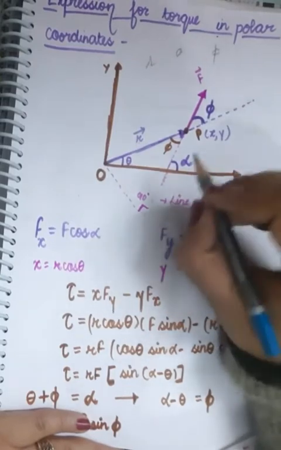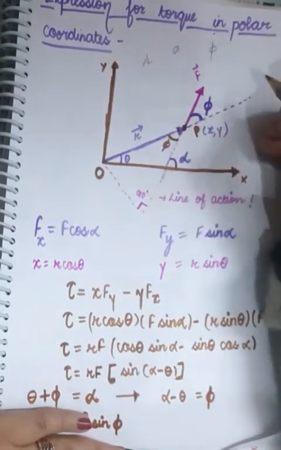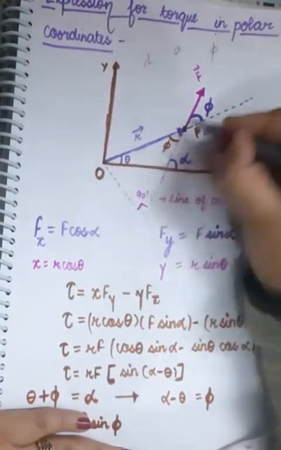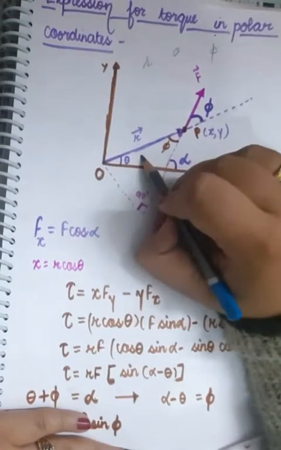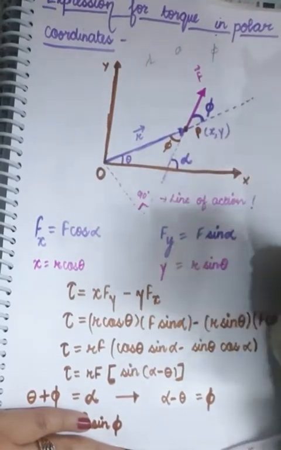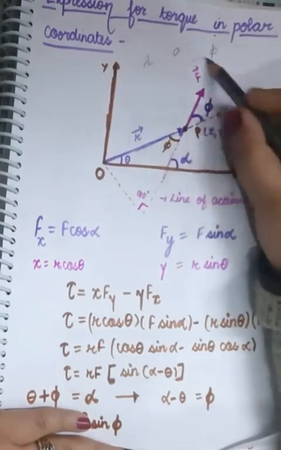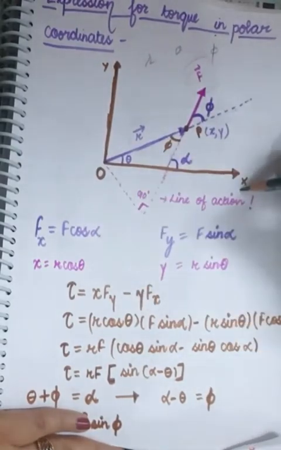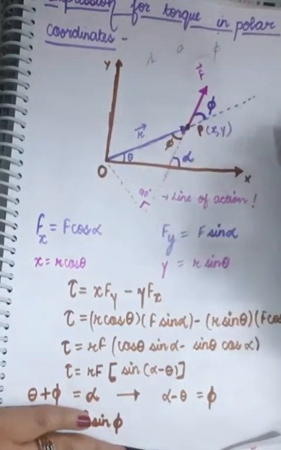And this angle is phi. Phi is the angle which the line of action of force makes with the line of action of the r vector. So here you have vectors r vector, F vector, and x-axis, OX vector. So we have to discuss the angles between three of them.